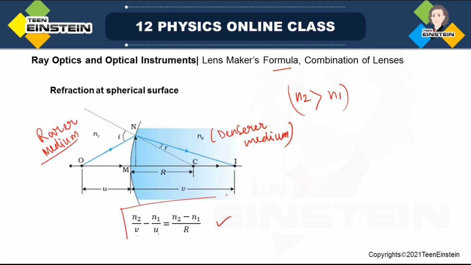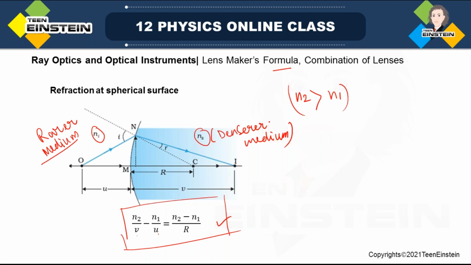So when we talk about image formation by refraction at a single spherical surface, this is the formula we had derived last day. There are two media having refractive indices n1 and n2. We had assumed that n1 is the rarer medium, the object was in the rarer medium, and the image is forming in the denser medium.